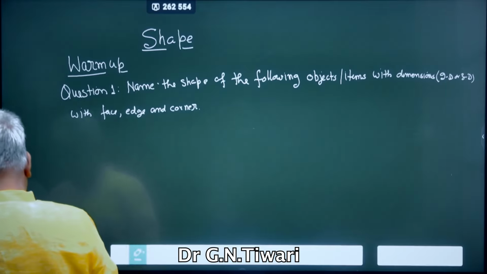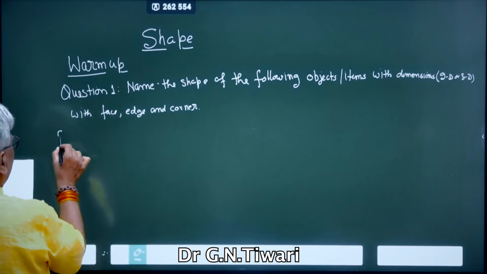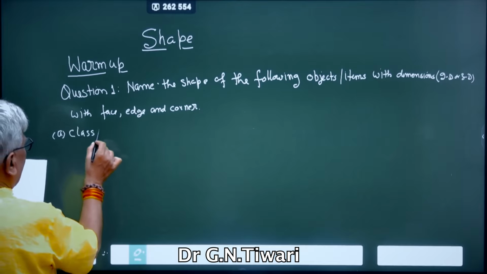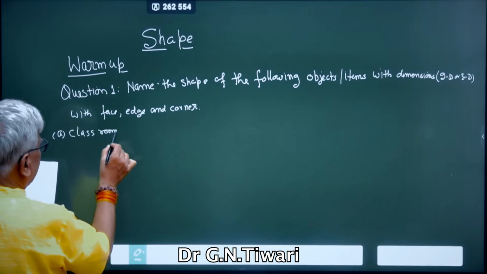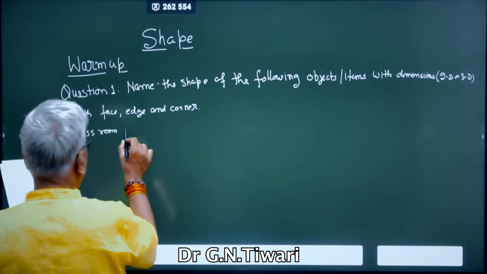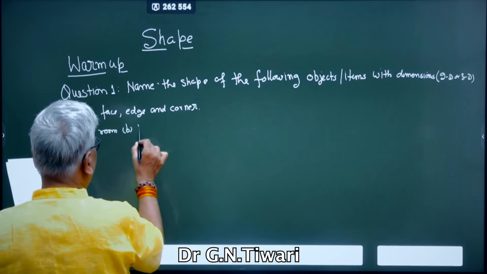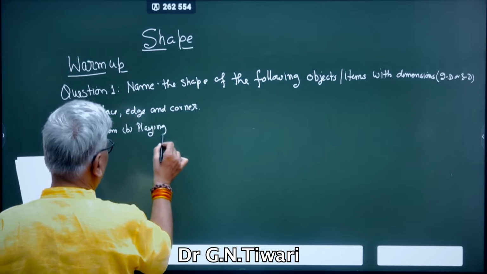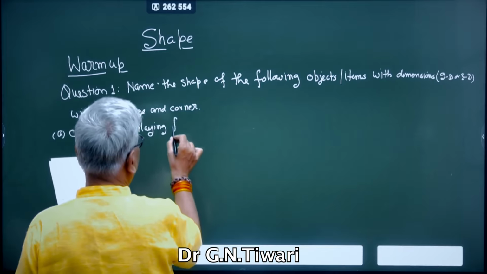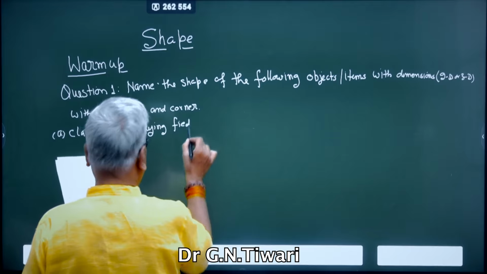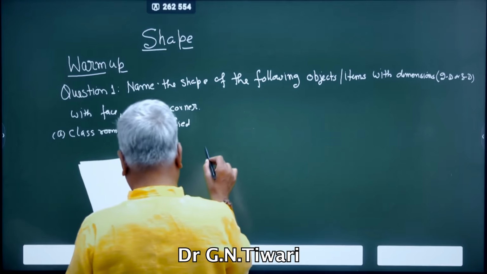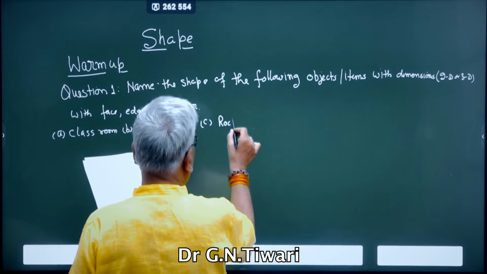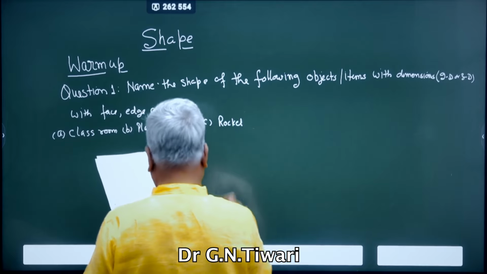Now see. A, classroom, I have already explained. B, playing field. C, rocket. Rocket means playing rocket.